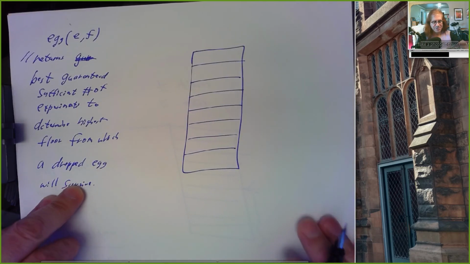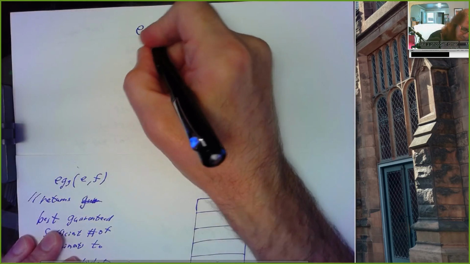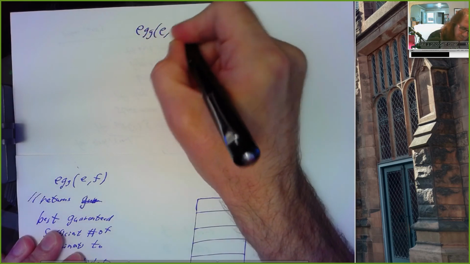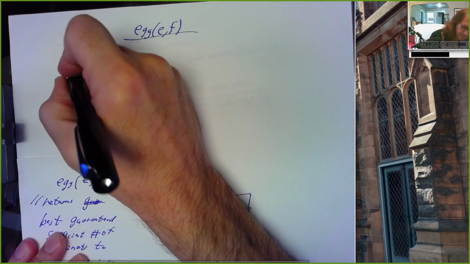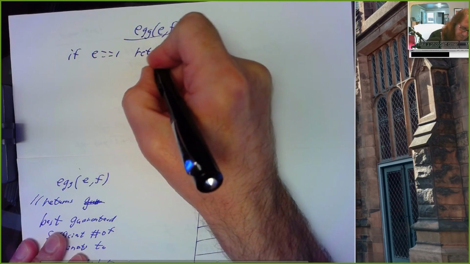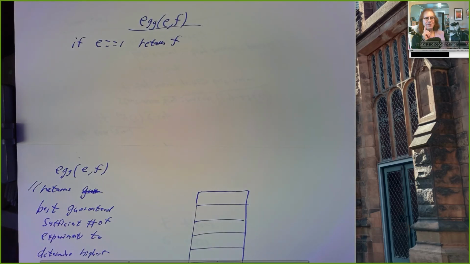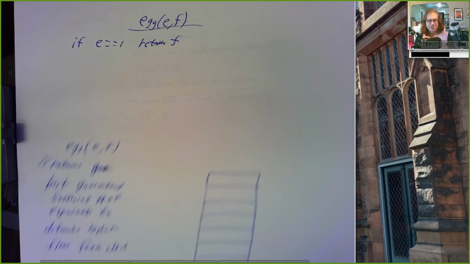So let's write some code for this egg function. And we already have a base case. If the number of eggs is 1, the best we can do is say, hey, it's going to take F experiments.